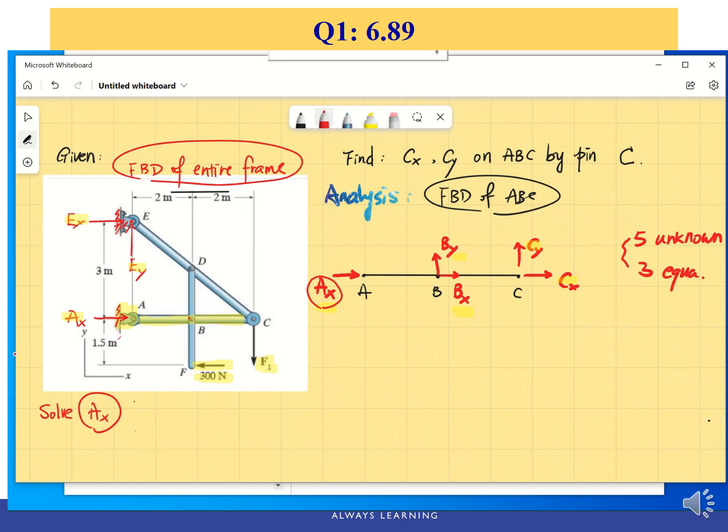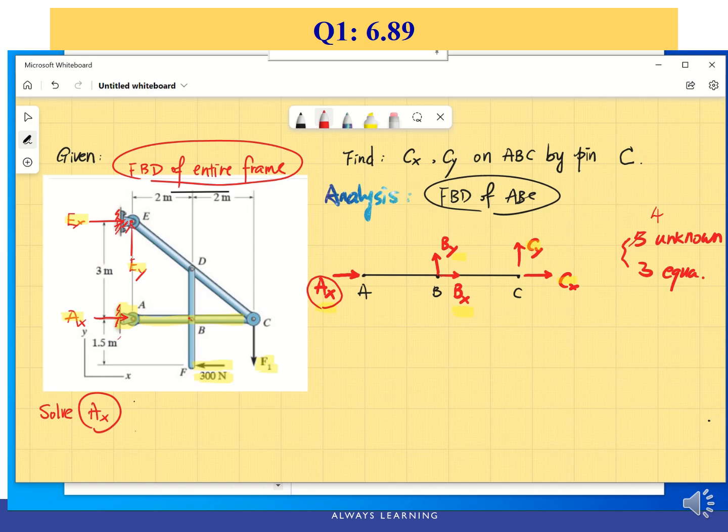We reduced the number of unknowns from 5 now to 4. But still, we do not have enough equations. We only have 3 equations. We have to take care of one more force and reduce the number of unknowns to 3. Which one should we take care of next? Again, CX and CY probably are not one of the choices because those are the last pair we can solve, right?